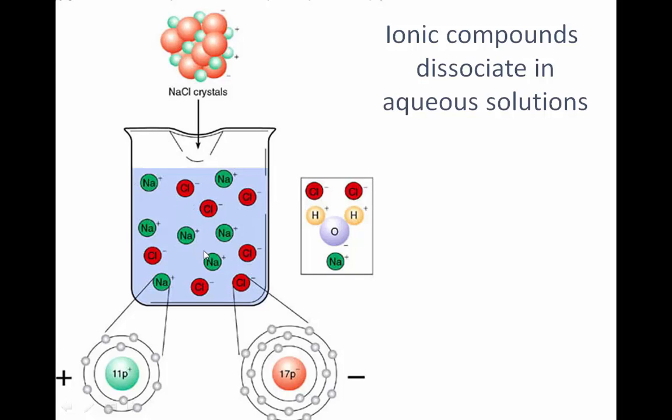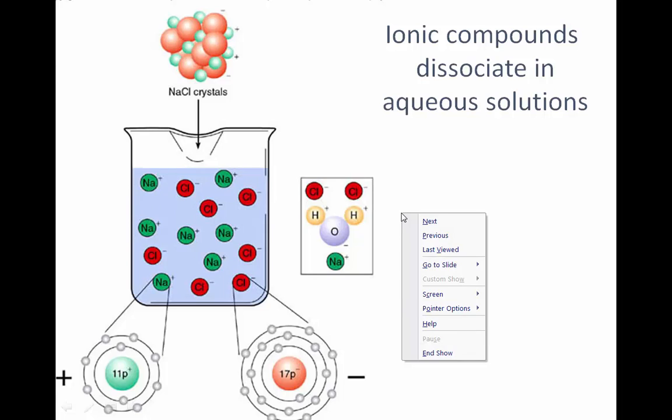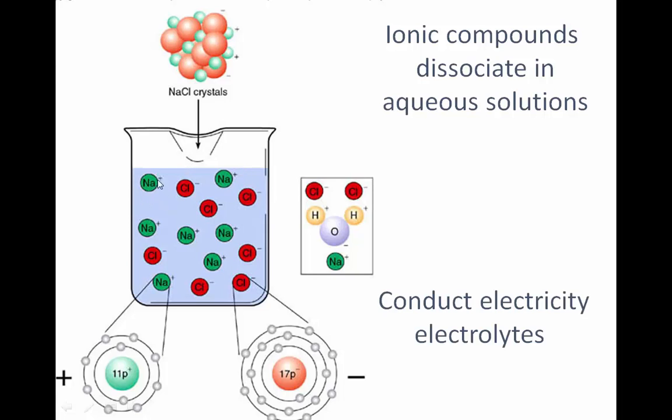As a result, we have positive ions in the solution and negative ions in the solution. And these solutions conduct electricity. So these kinds of atoms are called electrolytes. An electrolyte is an electrically charged particle that will conduct electricity.